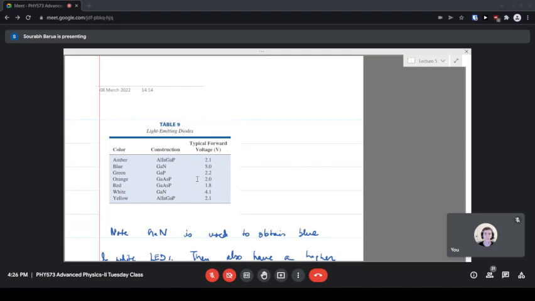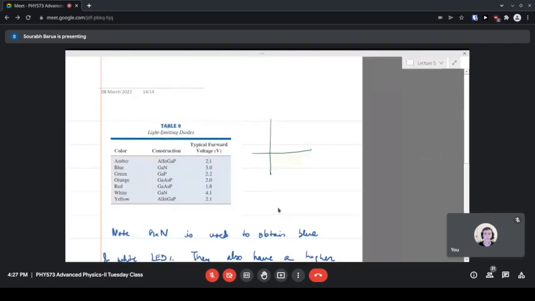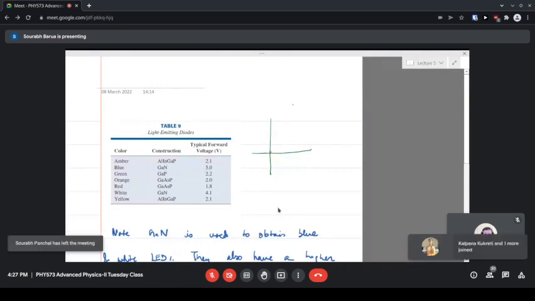LED is, of course, a forward bias diode. In any diode, if you remember the diode IV characteristic, what is the knee voltage? The voltage after which a diode conducts. Yeah, if you see a diode IV, you will see that it remains flat initially, and then suddenly it shoots up.